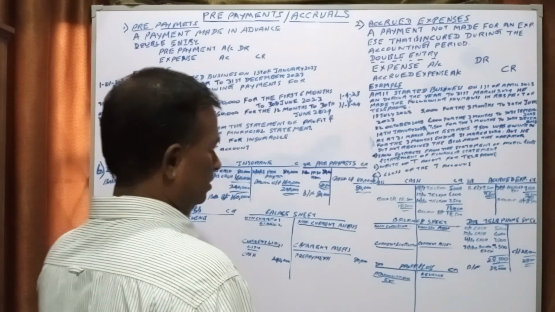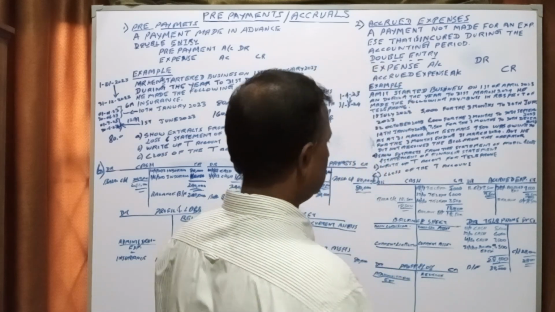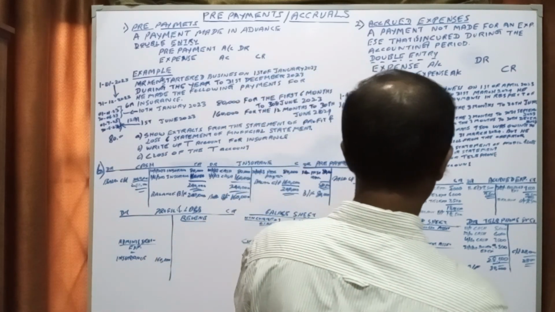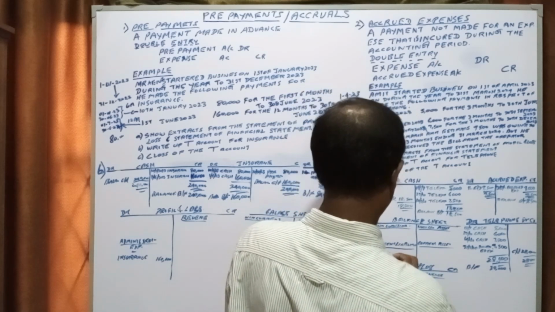Right here, cash is a credit balance, so we are showing it under the current liabilities.